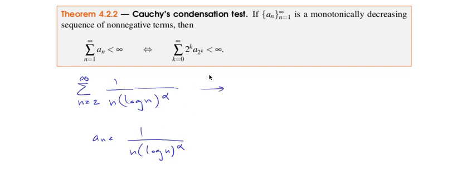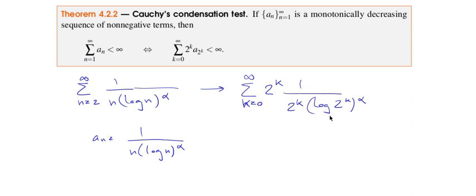Again, in order to study the convergence of this, we will say the sum from k equals 0 to infinity of 2 to the k times a, but instead of writing n here, we have 2 to the k, and then we have the logarithm of 2 to the k to the alpha.